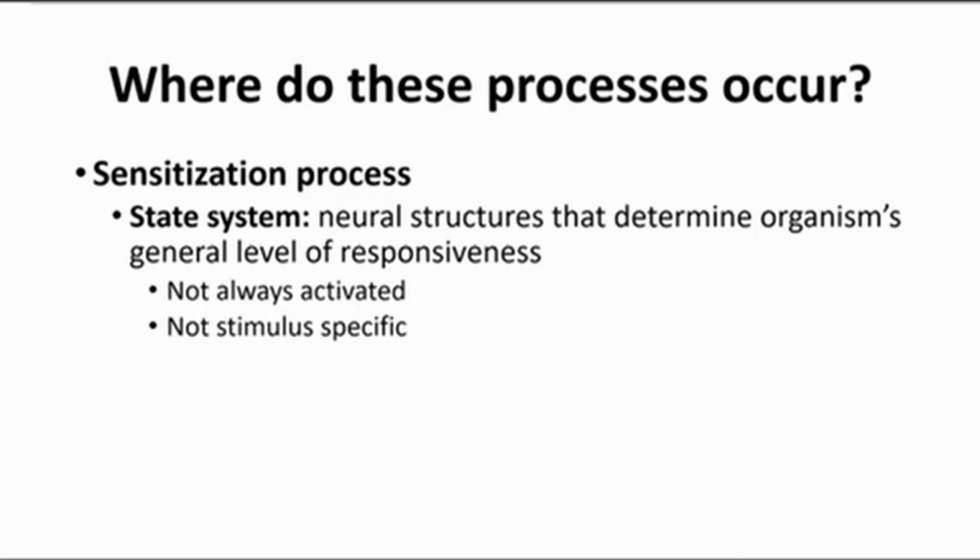You're also going to jump at that. So you're showing an increase in responsiveness to basically any stimulus because you have that higher level of arousal, because that state system has kind of revved up your responsiveness overall.